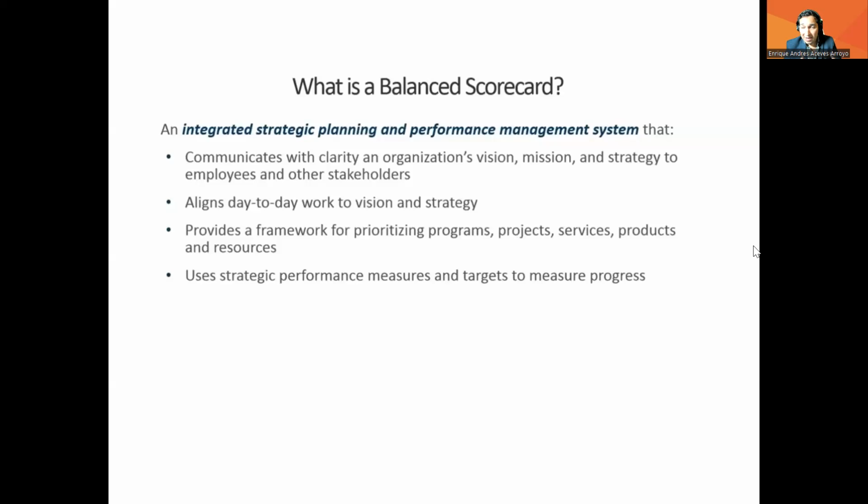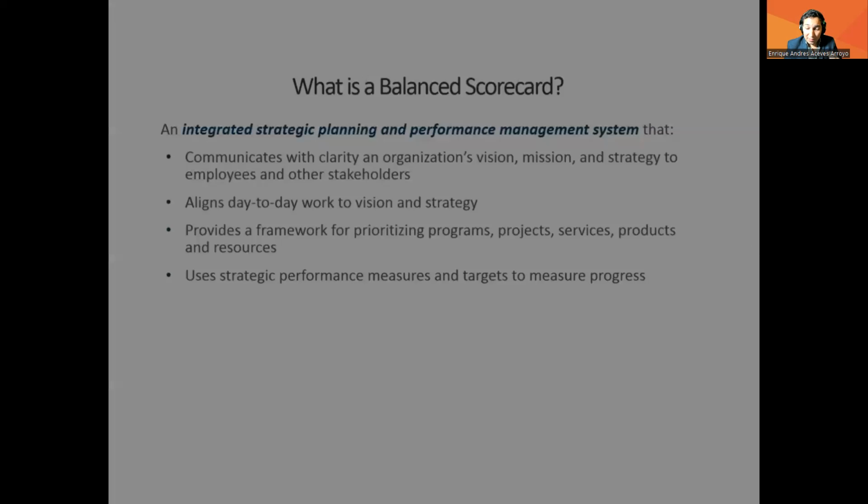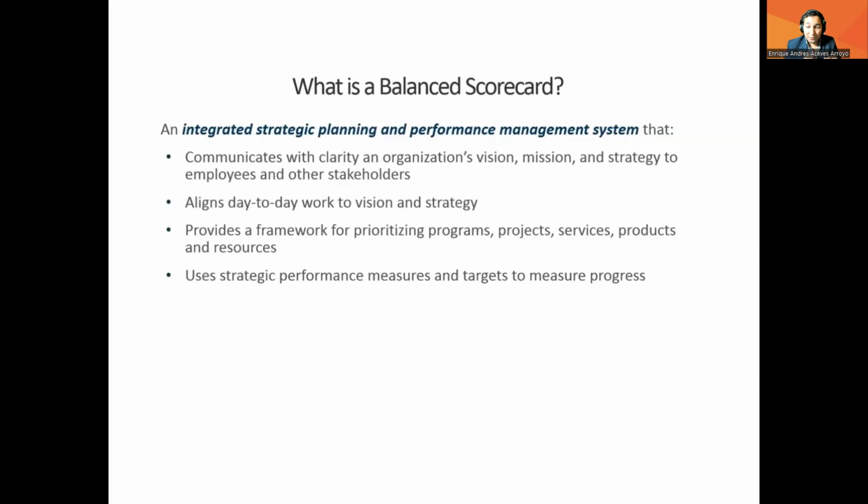one of the main tools that companies use to avoid this risk of misalignment between owners and the executives that are running the company is called a Balanced Scorecard, which is an integrated strategic planning and performance management system that communicates with clarity an organization's vision, mission, and strategy to employees and other stakeholders.